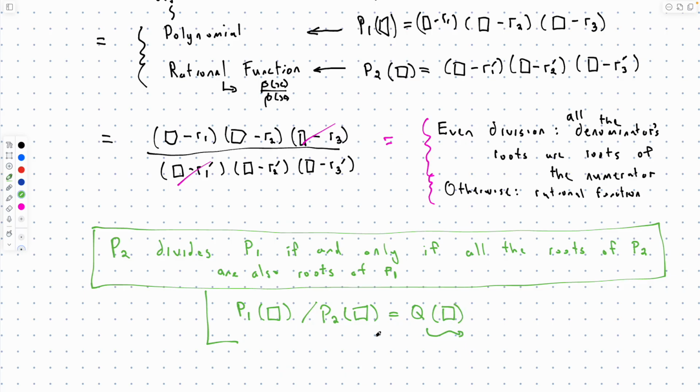Okay, so if this division is even, then this will be a polynomial. It's not going to be a rational function. And just in terms of terminology, this is the numerator. This is the denominator. We call this the quotient.